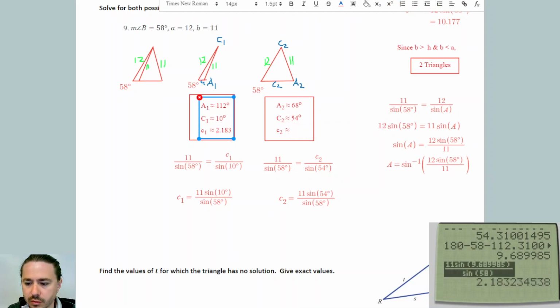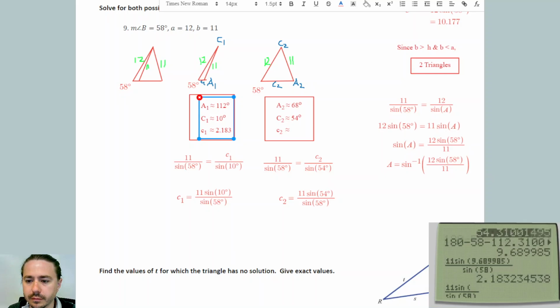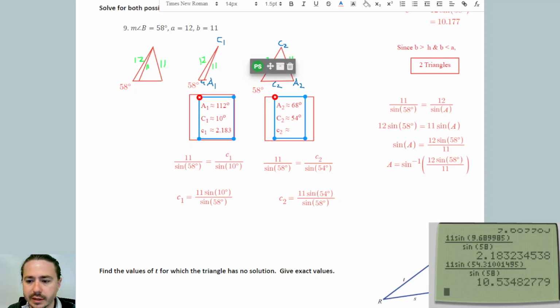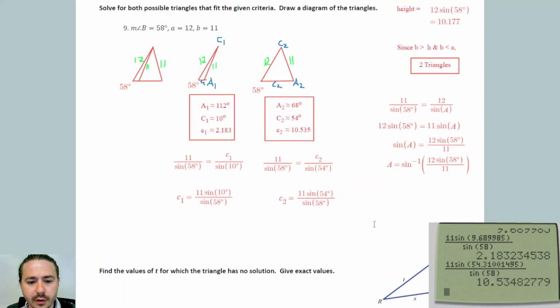Then we'll do the exact same thing, except instead of 10 degrees, we'll have the 54 degrees. And we get about 10.534. All right, well, there's number 9.